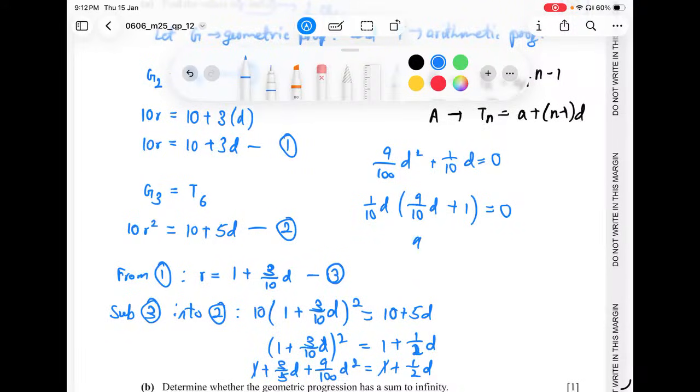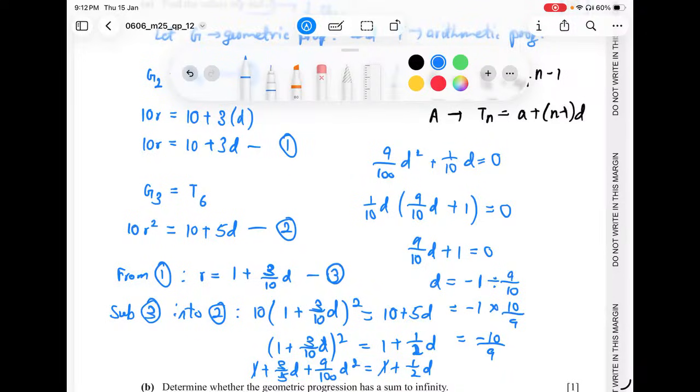So when you move this, that's 9 by 10 d plus 1 equals to 0. d should be negative 1 times 10 by 9. What I did here is first you need to transpose the 1, you subtract 1 from both sides, and then you divide both sides by 9 by 10. So when you divide this by 9 by 10, you get negative 1 times 10 by 9, which is going to be negative 10 by 9.